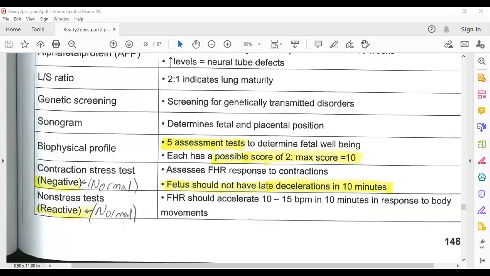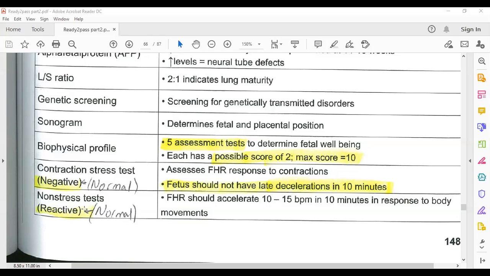Whereas for the non-stress test interpretation, when it is reactive, it means normal findings. Fetal heart rate has a normal rate or moderate variability and accelerations more than 2 times in a 20-minute period.